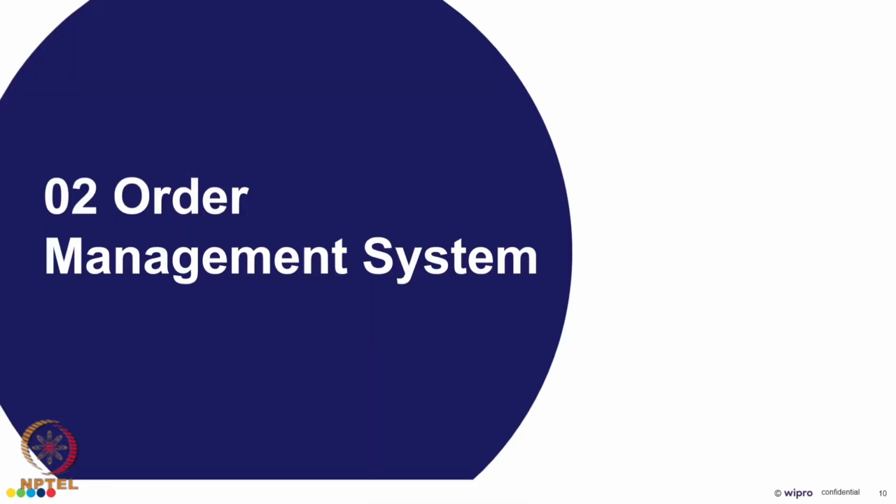Now, coming to our second domain in our process, that is order management system. Basically, this order management system is used by the sales team to make sure their quotes are provided in a matter of minutes, and they make sure that all the required details are taken into the picture.